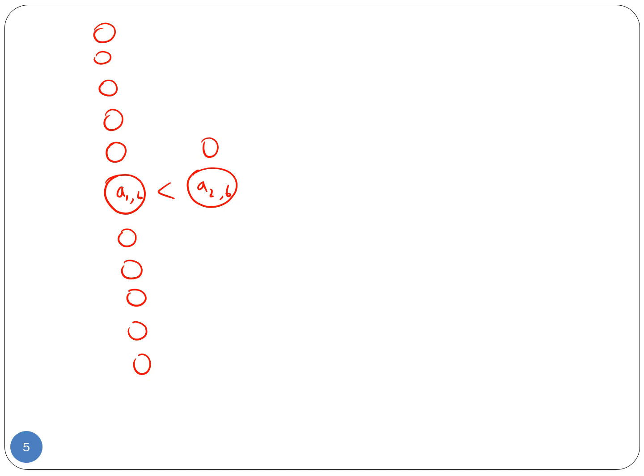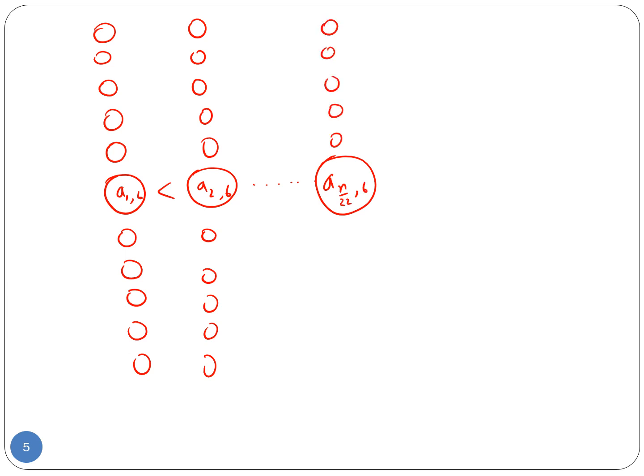This will also have 5 elements on top and 5 elements at the bottom. Continuing like this, let's say this is the median element, a of n by 22 comma 6, which will have 5 on top and 5 on the bottom. And if we continue like this, the last column is a of n by 11 comma 6.